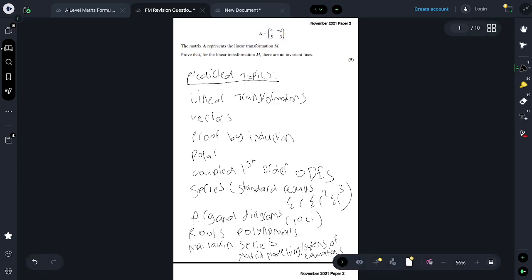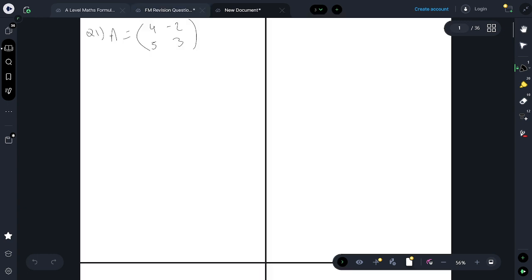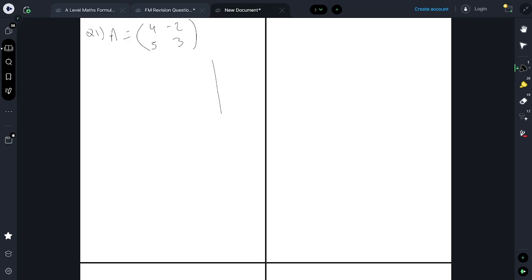So what is an invariant line? Essentially, there are two cases you need to look at, two parts on the spec anyway. Either invariant points, which remain in the exact same place after you apply a matrix transformation.